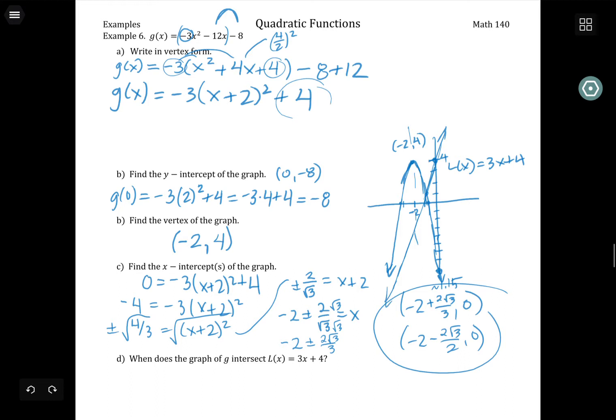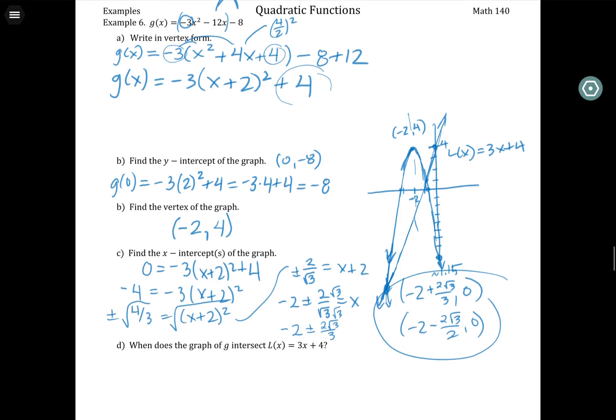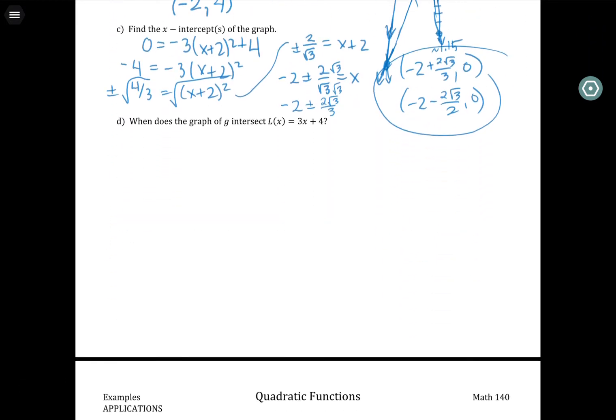So it looks like it hits the graph somewhere around -1, and then it should hit the graph again somewhere way out here. So if we want to figure that out algebraically, what we're really being asked to do is solve a system of equations. So we have y equals -3 times (x plus 2) squared plus 4, and we have y equals 3x plus 4.